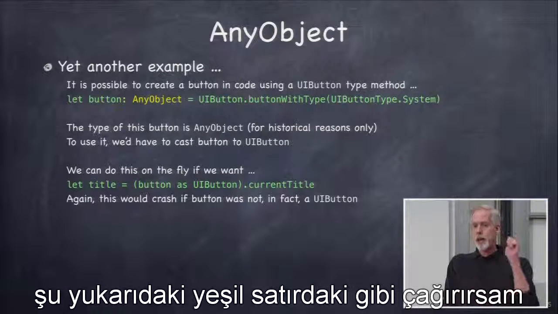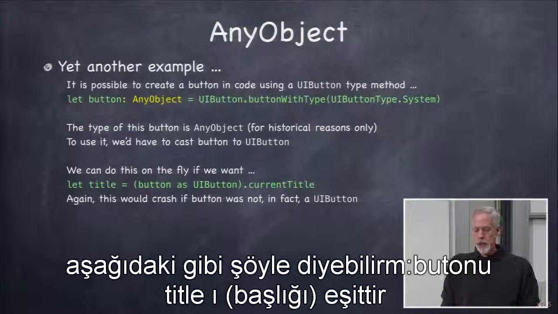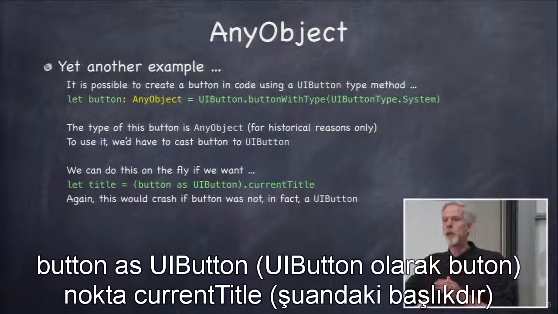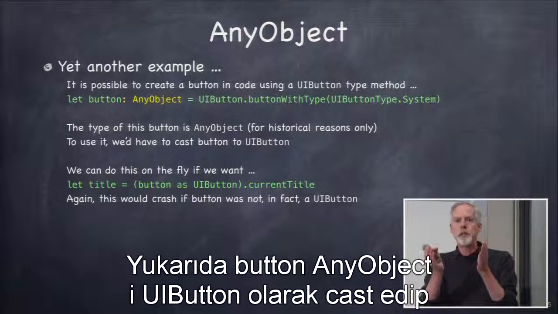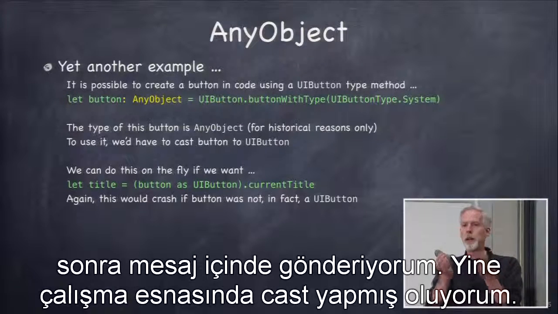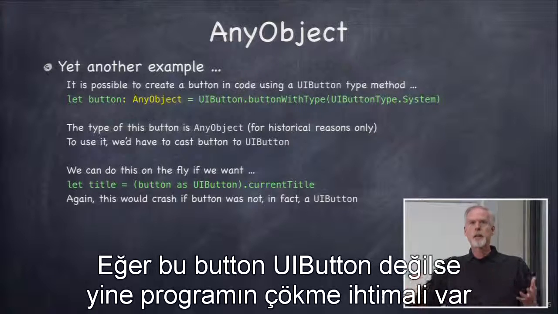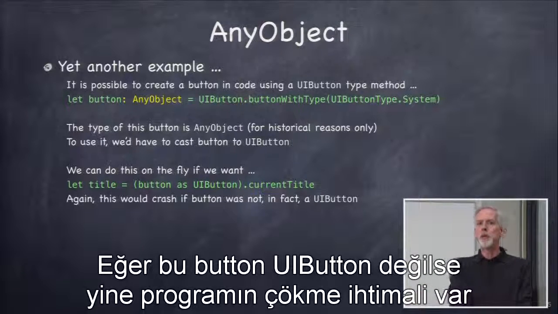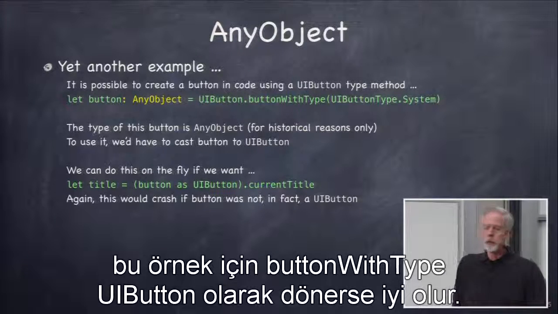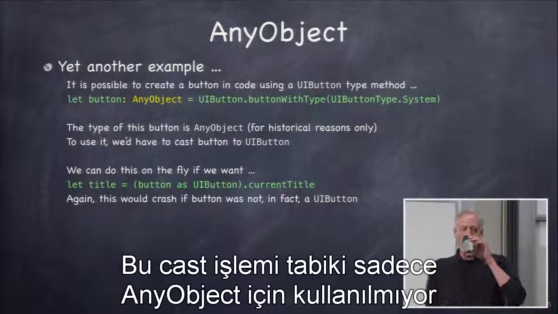So if I called that line on green at the top, then down here I could say the title of the button equals button as UIButton.currentTitle. So I'm just casting that AnyObject, that button AnyObject up there, to be a UIButton, and then sending it a message. So you can cast on the fly. Again, crash-a-roo if that button is not a button, but that's okay. In this case, buttonWithType better darn well return a UIButton.